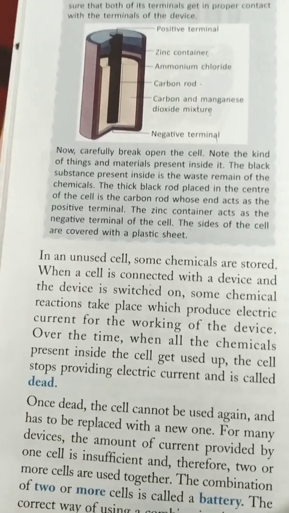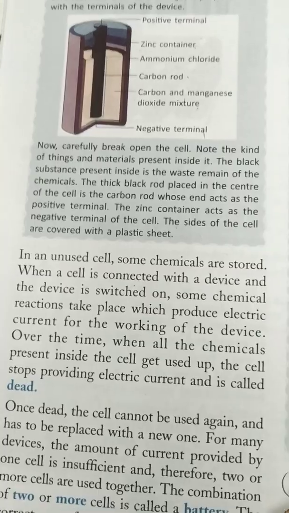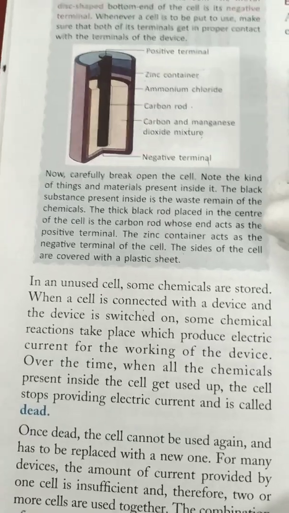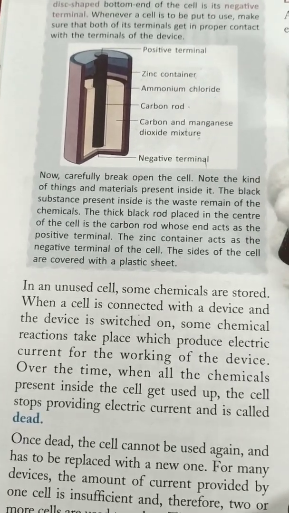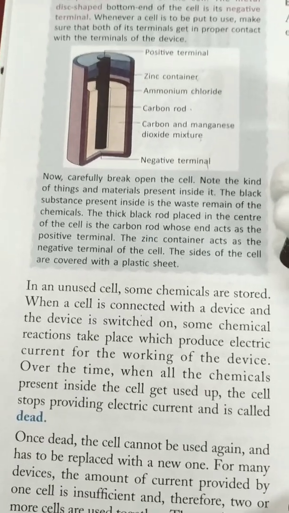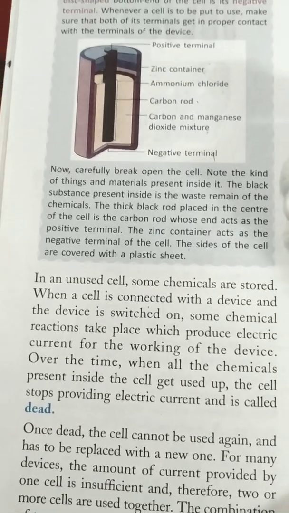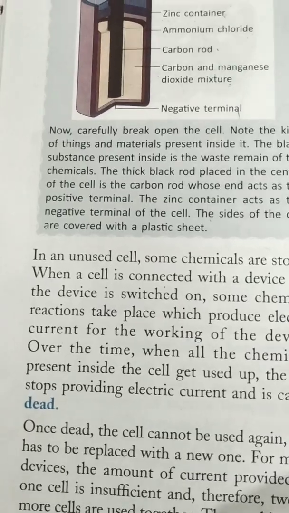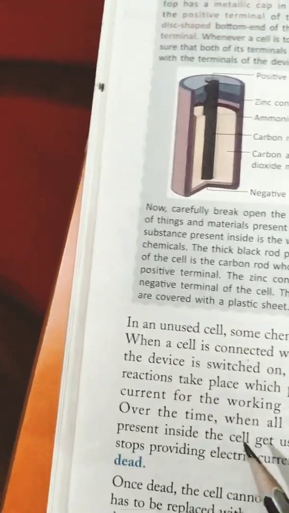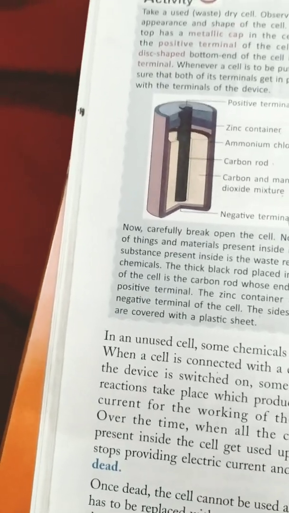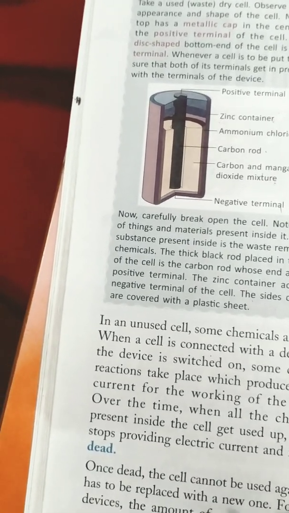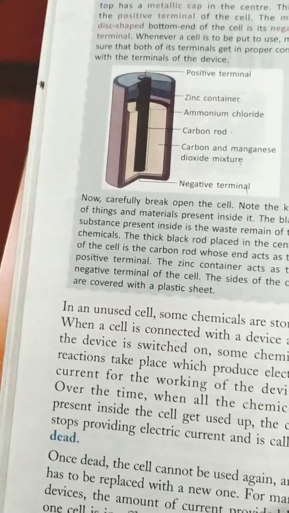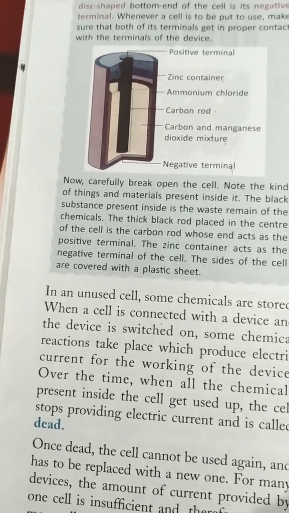These chemicals produce electricity. Whenever the terminals are in contact with a device, the chemicals present inside the cell are converted into electric energy, and when these chemicals are used up, the cell stops providing electric current, and that cell is then known as a dead cell.